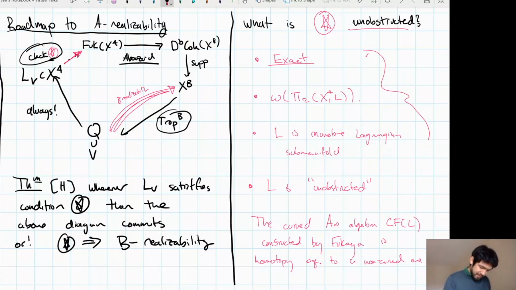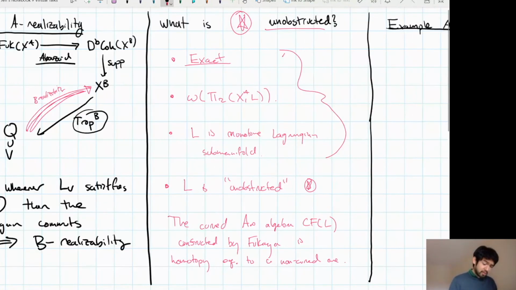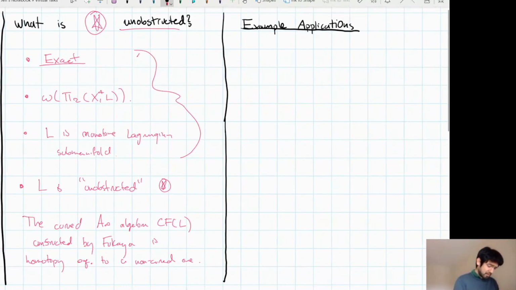These conditions are topological and therefore somewhat easy to check. This condition is tricky to check. But we have some examples where we know how to do this. So let me go through some example applications.